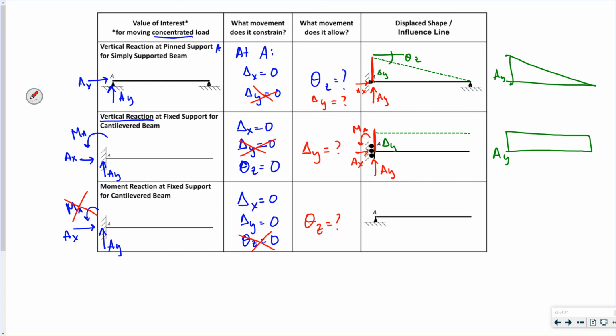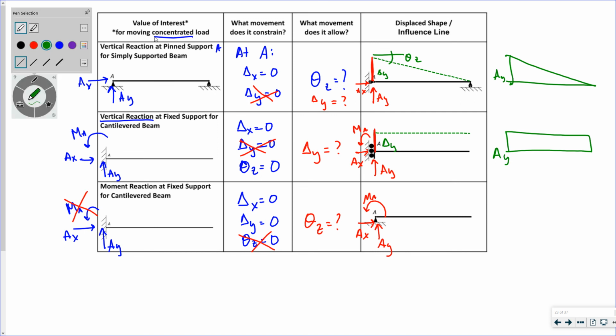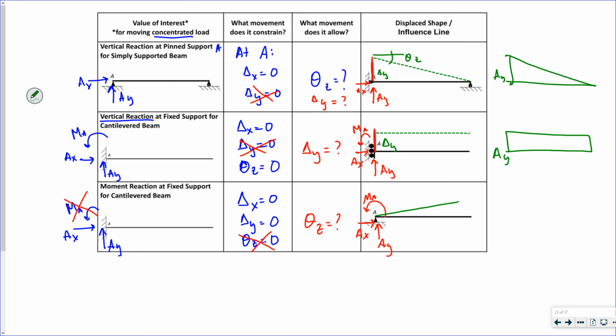I have my vertical reaction at A, my horizontal reaction at A, and I'm going to apply that moment at A. So what happens, I'm going to rotate that thing around that pin, right? I just changed my fixed support to a pin support by taking out that constraint against rotation.